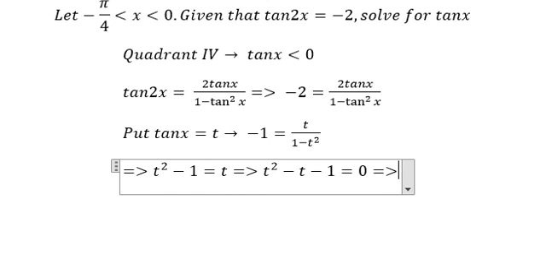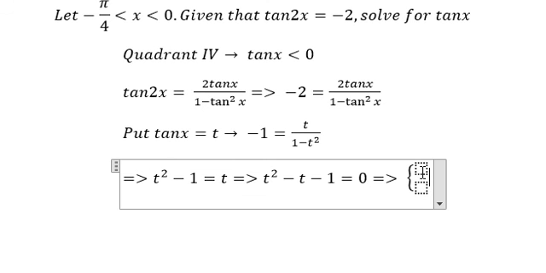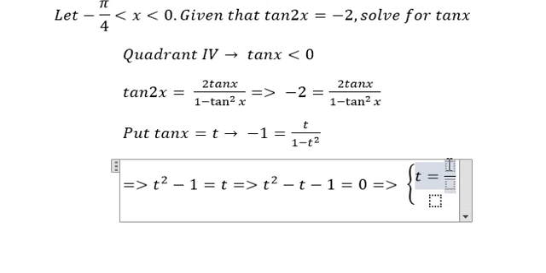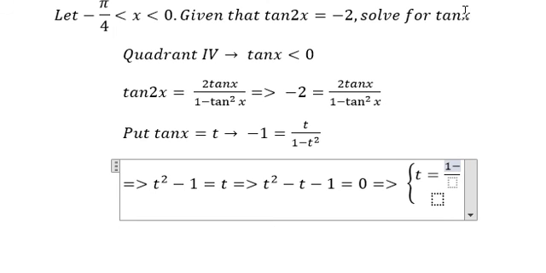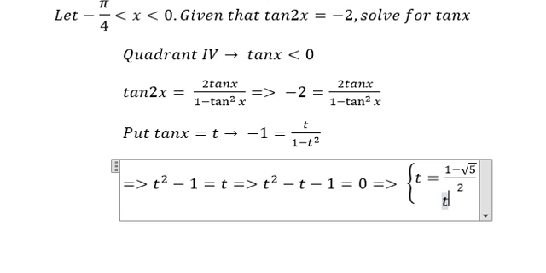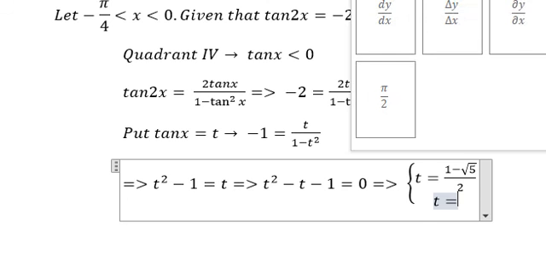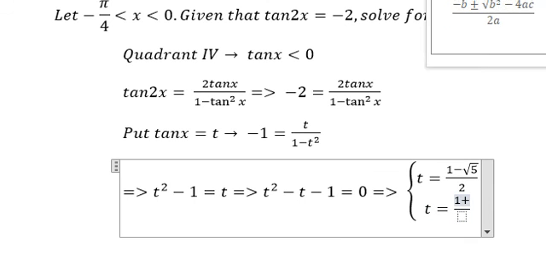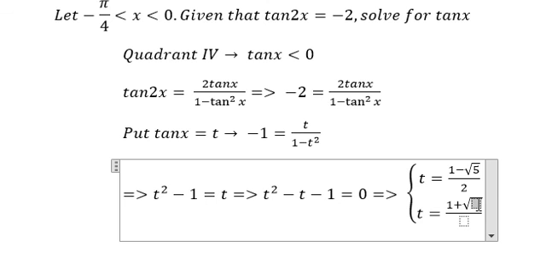So we have two solutions. t equals (1 minus square root of 5) over 2, and t equals (1 plus square root of 5) over 2.